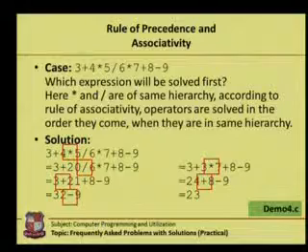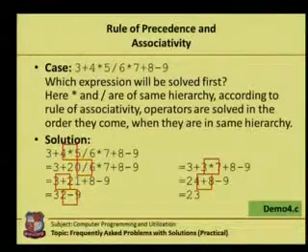Because in our precedence both are specified at the same level. And then comes the point called associativity. Associativity explains that if precedence is at the same level, then you go in a sequence in which the operator comes.